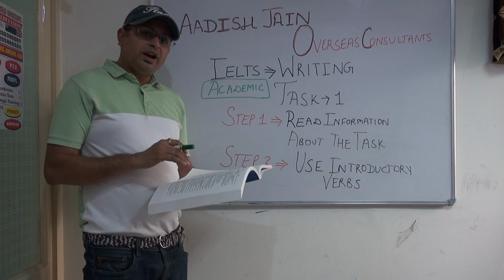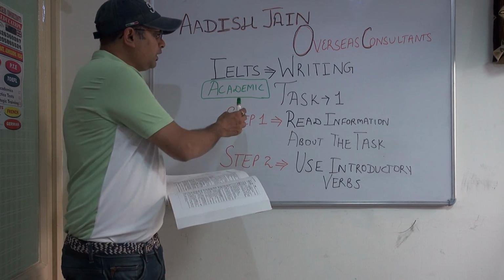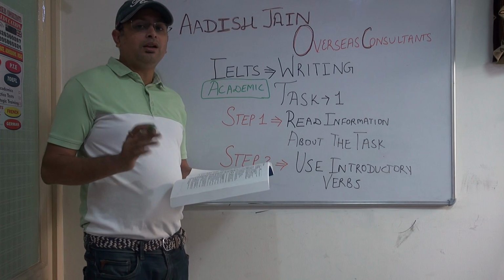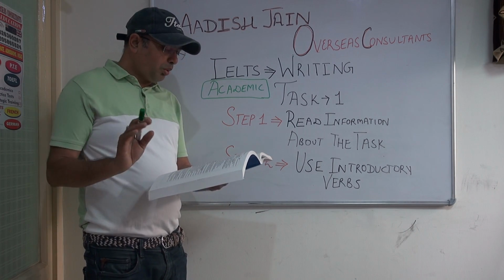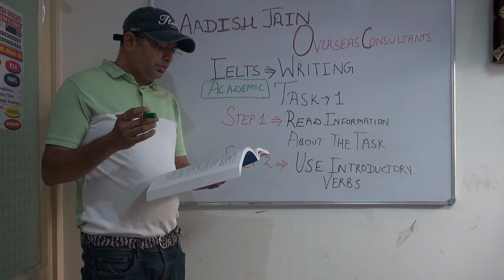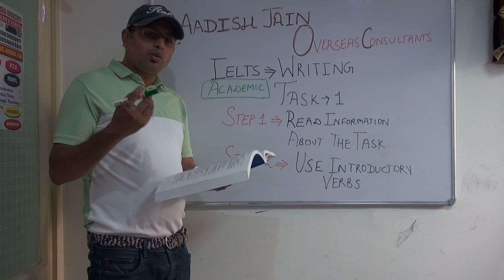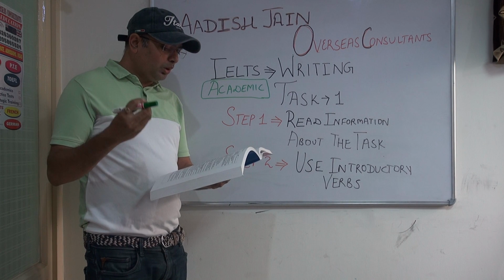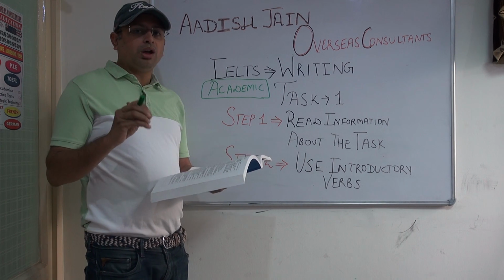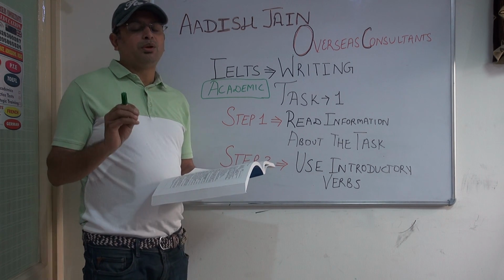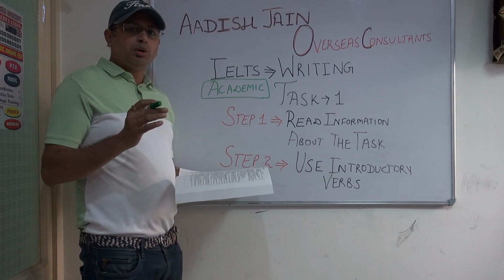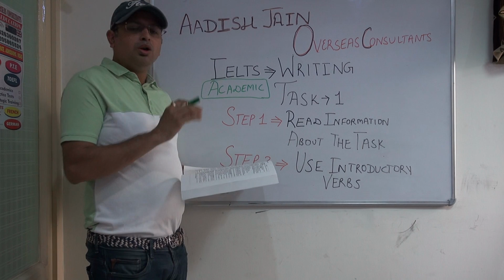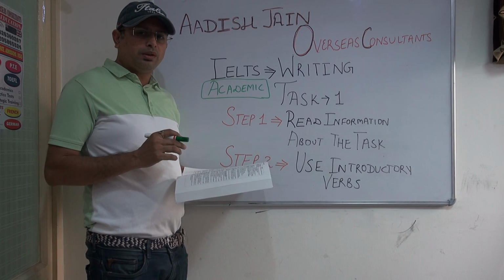In addition to that, because this is an academic task 1, we need to write in an academic style. So please follow the academic style, that is important. Apart from this, we are not required to do any kind of calculations in order to give our opinion, and this is absolutely important, because I have seen some students are absolutely brilliant in mathematics and they do so many calculations based on the data.